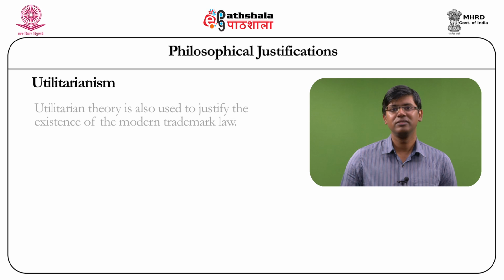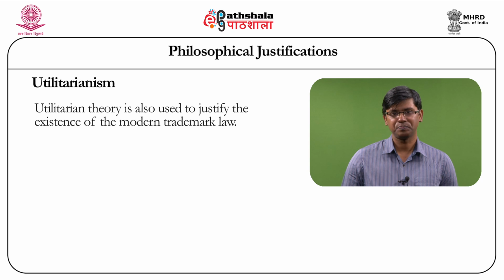Similarly, the utilitarian theory can be used to justify trademarks. For instance, let's take the fact that there is no trademark protection. If there is no trademark protection at all, then people will be confused as to which product is sold by which manufacturer. This is a fairly important aspect of consumption because consumers would generally like to buy products which are safe and maintain a certain quality.